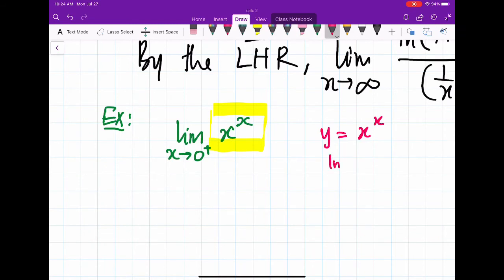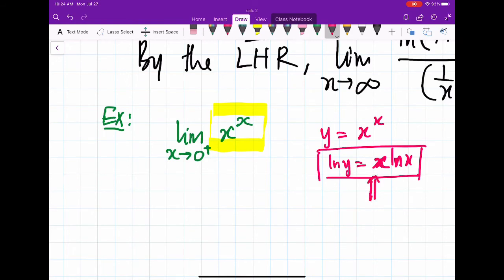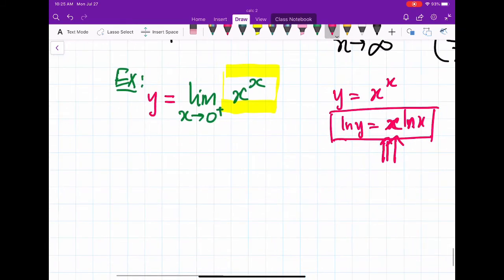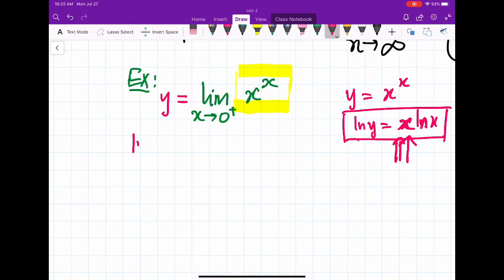So we need to apply ln of y, we have x ln of x, and then you differentiate this function easily, right? And now we use the same idea like in the previous example, and actually that idea was considered in this example. Okay, so I put this equal to y, and again I apply the ln. I have limit of ln of x to the x.